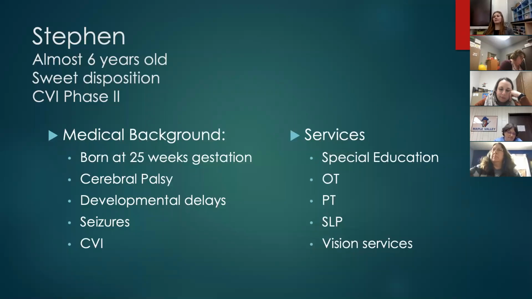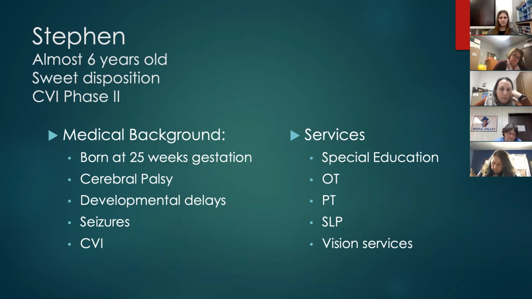We have Stephen as our case study student. He is almost 6 years old. He has a very sweet disposition, and in the videos he's got dark hair. He's ambulatory, but he does have CP, so he generally walks with a walker or some kind of assisted mobility device. He was born at 25 weeks gestation, and resulting from that, he has cerebral palsy and some developmental delays.